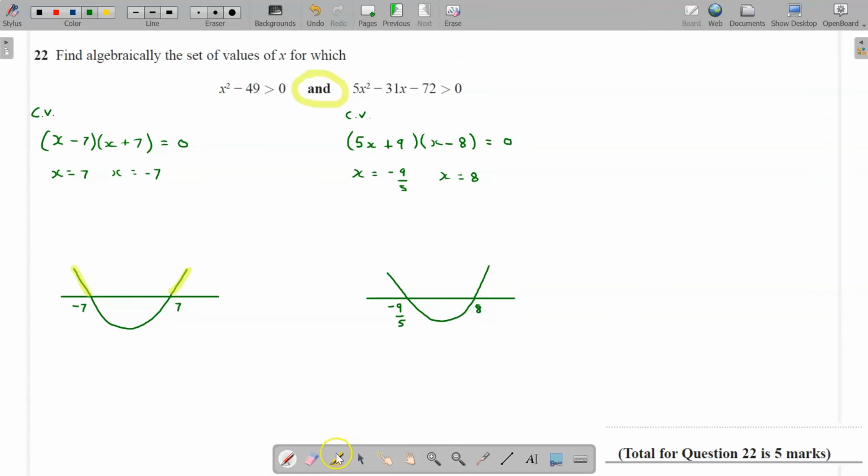If we just highlight the areas we want it to be greater than 0, so it's above the axis. There.